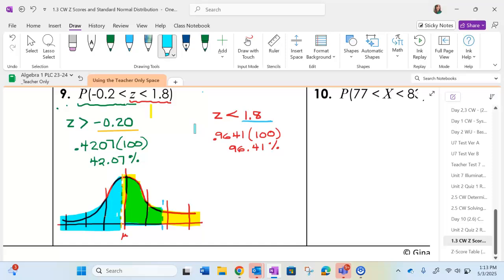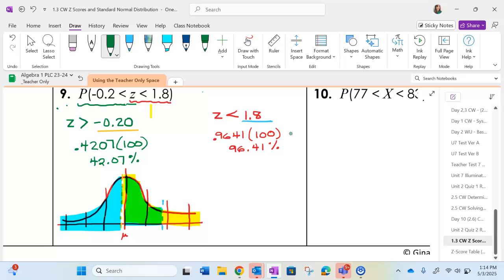Now the part I want is this green overlap. Okay, that's the part I want, is this green overlap. Now remember what I told you, okay? I told you that both of these percents that I figured out is always to the left. Okay? It's always to the left.